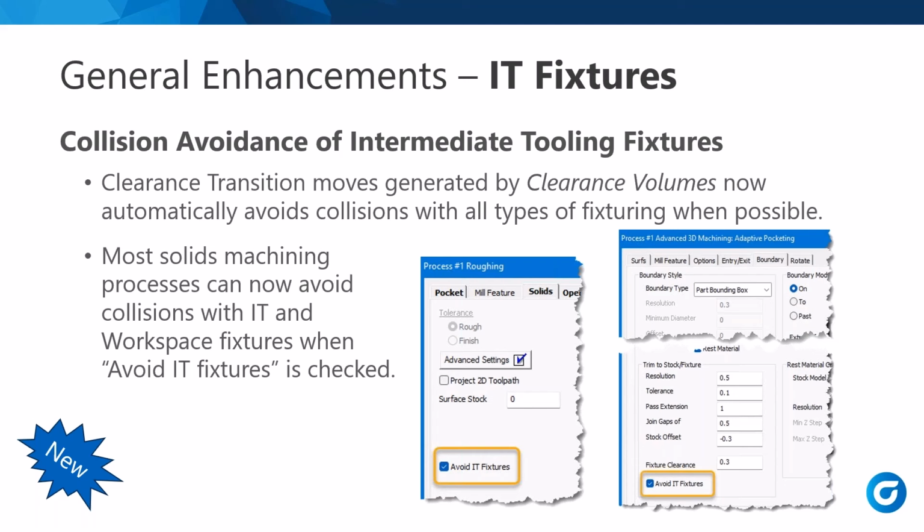So if you're doing 5-axis work, say with some odd shaped parts, and you want to have the system automatically give you the best clearance volume instead of just one set Z clearance, then you would use clearance volumes, and now the transition moves, between ops and all, and the clearance volumes do a better job at avoiding collisions with all types of fixturing, even IT fixtures.